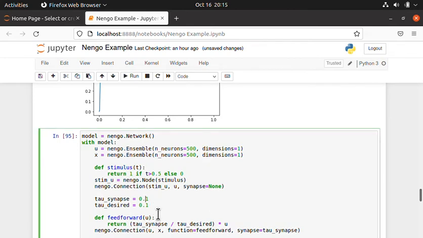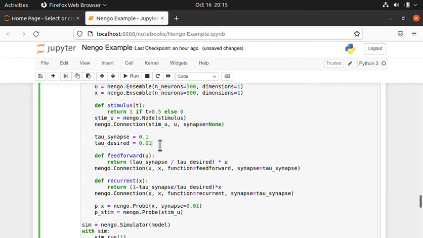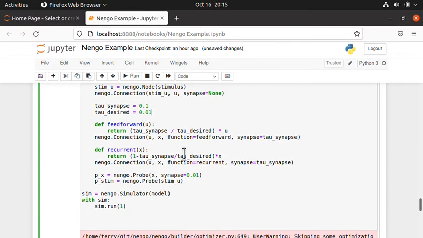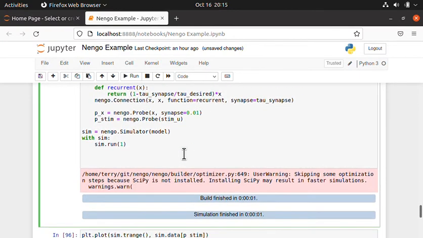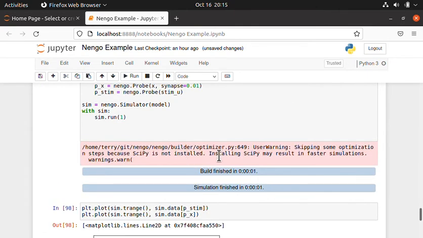But I could say, all right, well, what if I want a 10 millisecond response? So I want to use a bunch of really, really slow synapses to do something fast. That seems a little weird. Can we do that? I mean, there's nothing in the math that says we can't. Is something going to break? Nope.